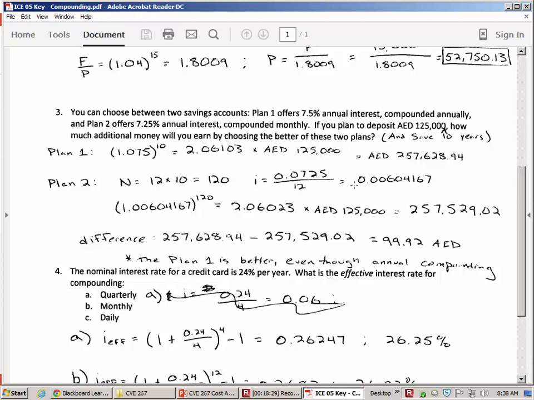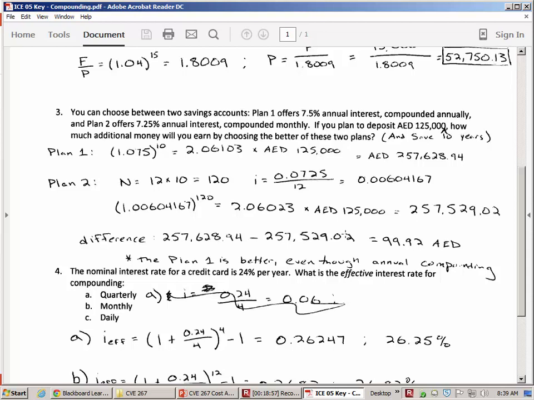I, the interest rate per period. Here's our interest rate per period. And you can see in the end, Plan 1 is better because even though Plan 2 has compounding every month, meaning they pay interest on the interest every month, it's not enough to make up the lower rate that they're offering. So you make 99 dirhams more if you choose Plan 1.